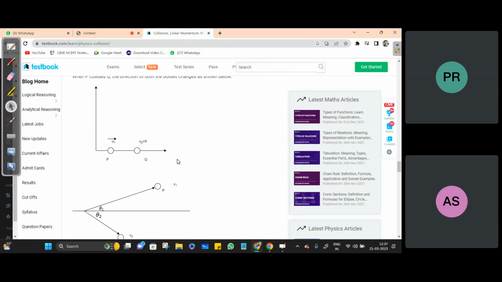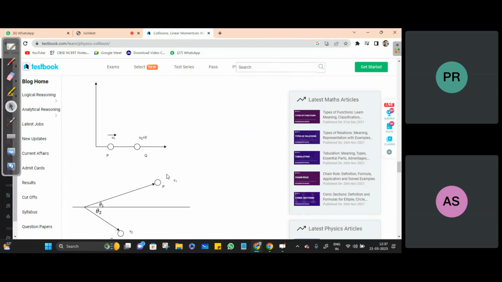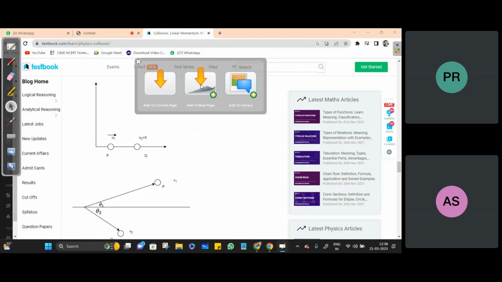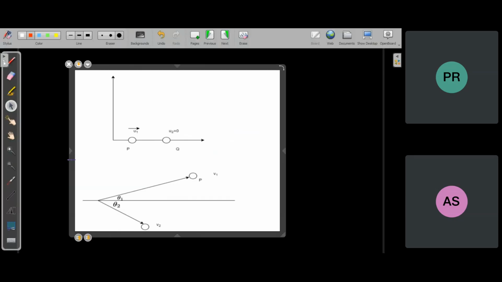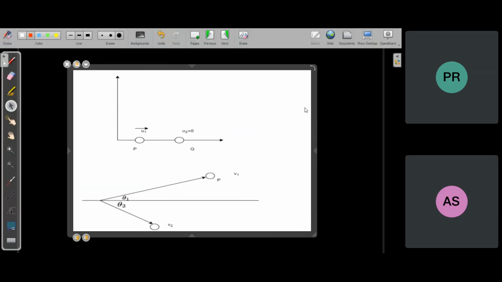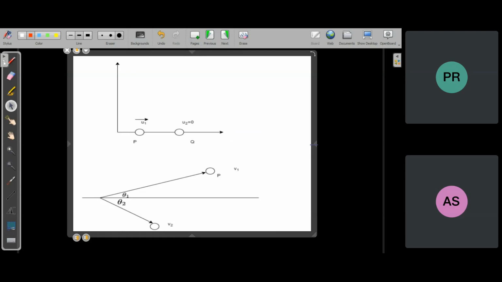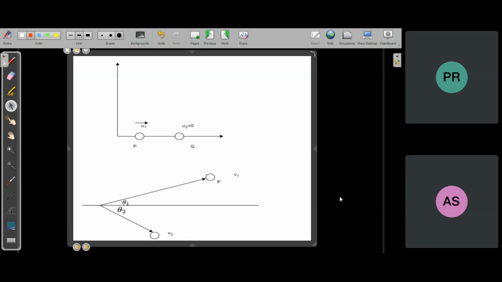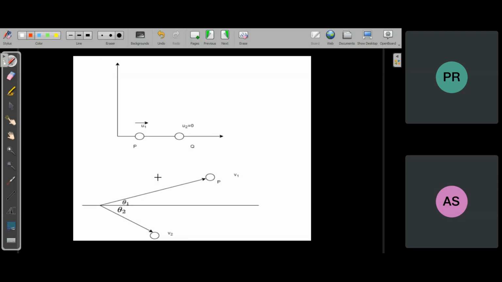For example, take this situation: a particle is kept on the x-axis, another particle comes traveling along the x-axis, strikes it, and then the particle goes in some direction. Finally it is moving along this axis.